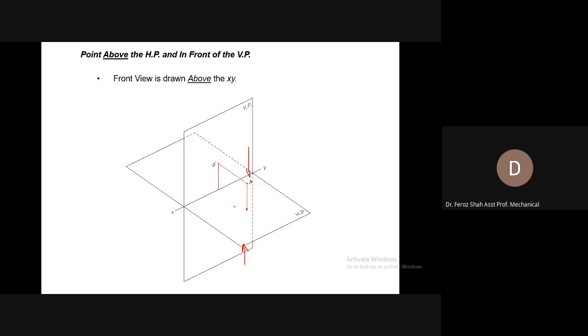Now, to draw it on the sheet, the method in vogue is that you will have to rotate the horizontal plane about 90 degree. So when you rotate it about 90 degree, you can see that it would come in exact alignment with the front view.